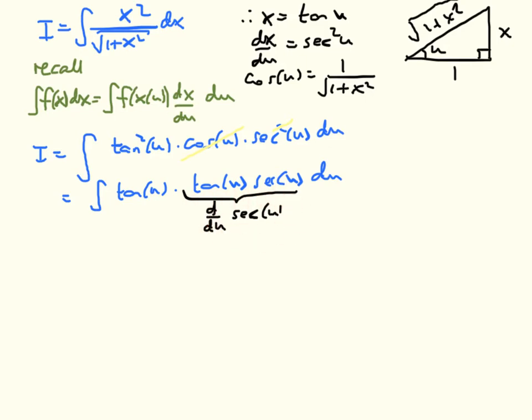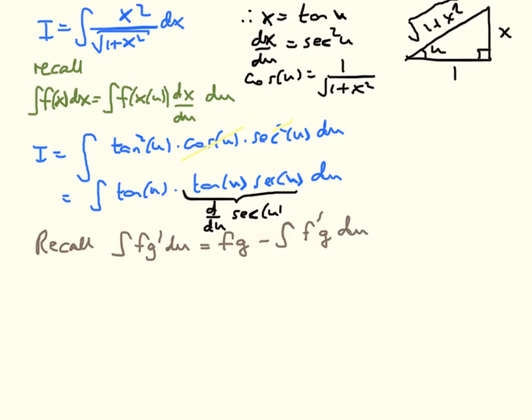Let's now just recall the integration by parts formula. The integral of f g dash with respect to u is f g minus the integral, now we swap around which one is differentiated, f dash g, integrated with respect to u.